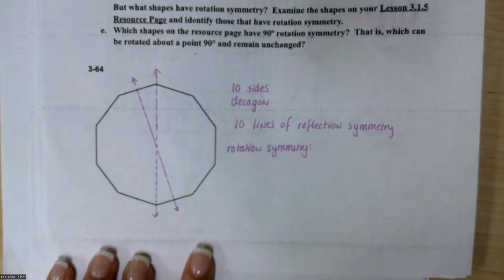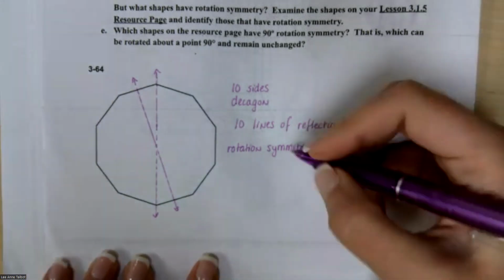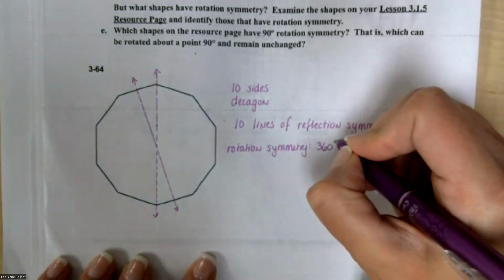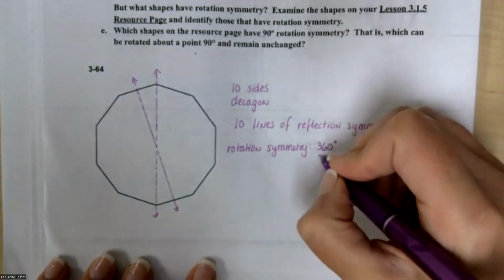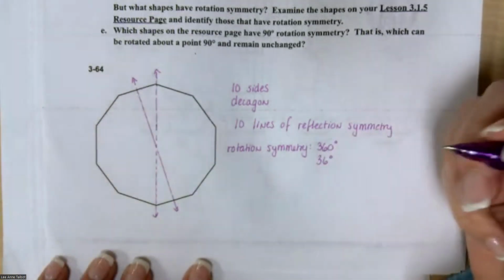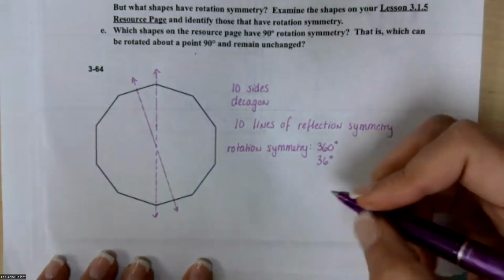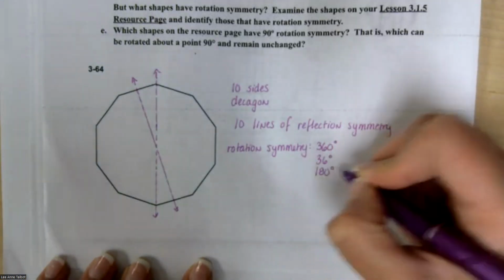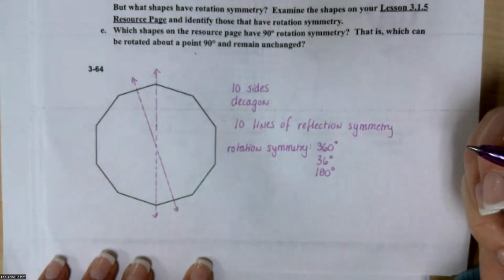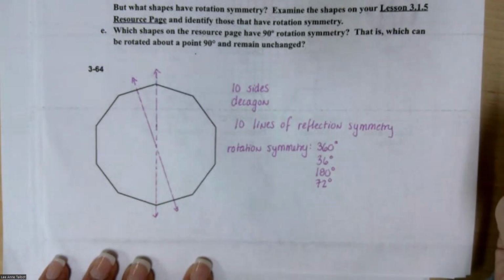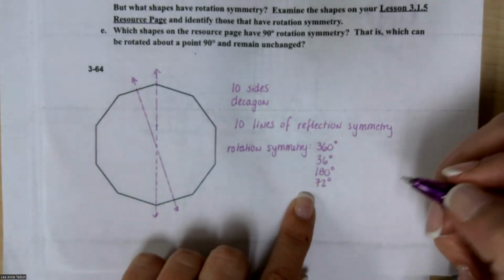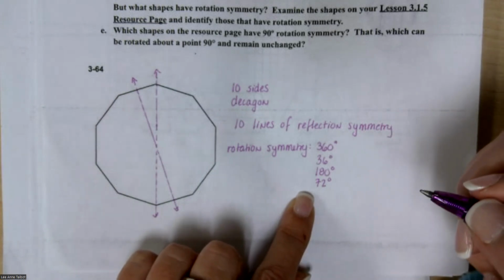What do they all have? 360. Okay, what else does it have? 36. And 180. And 72. And 108. Is that the next one? Do you guys know where I'm getting these numbers from?